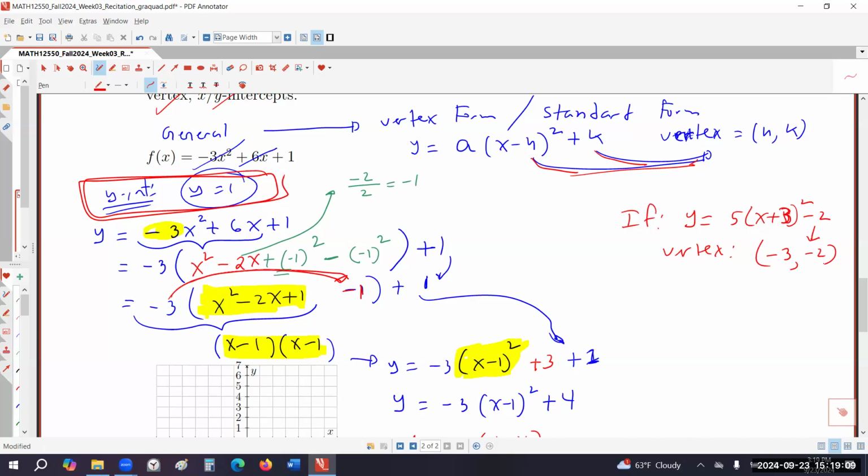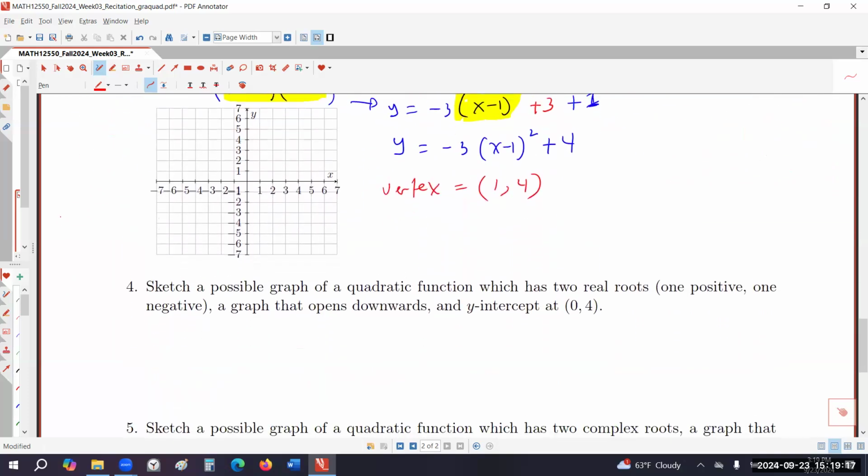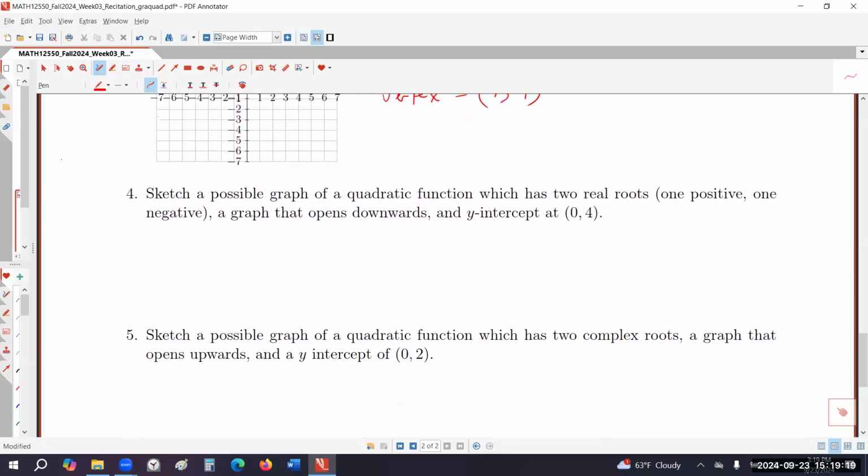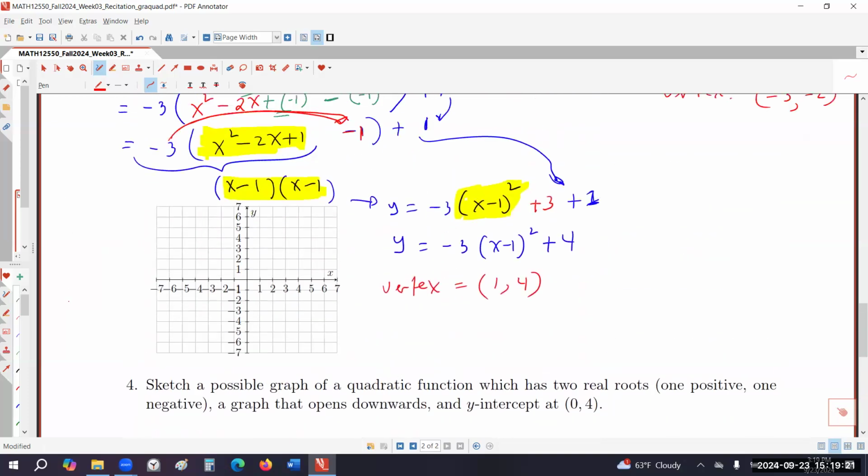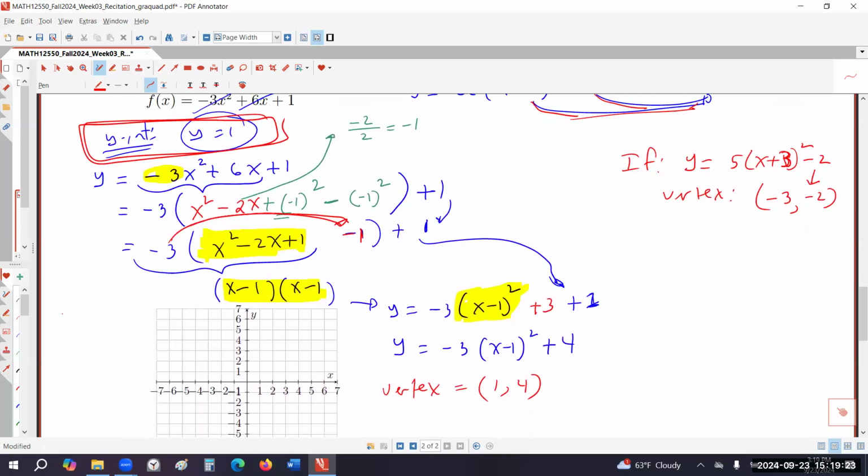Are you guys lost? No. Okay, then you can find the x-intercept by yourself. From the last 3 questions, set y to 0. So x-intercept means set y to 0, and we solve for x.